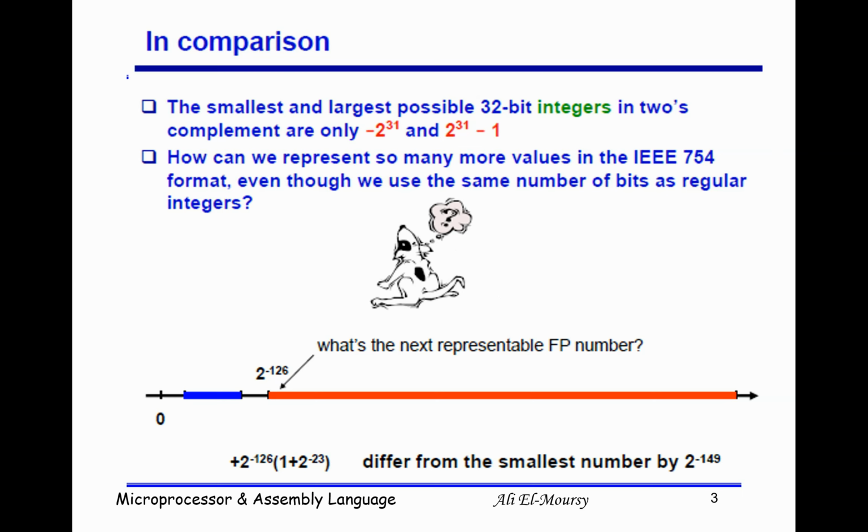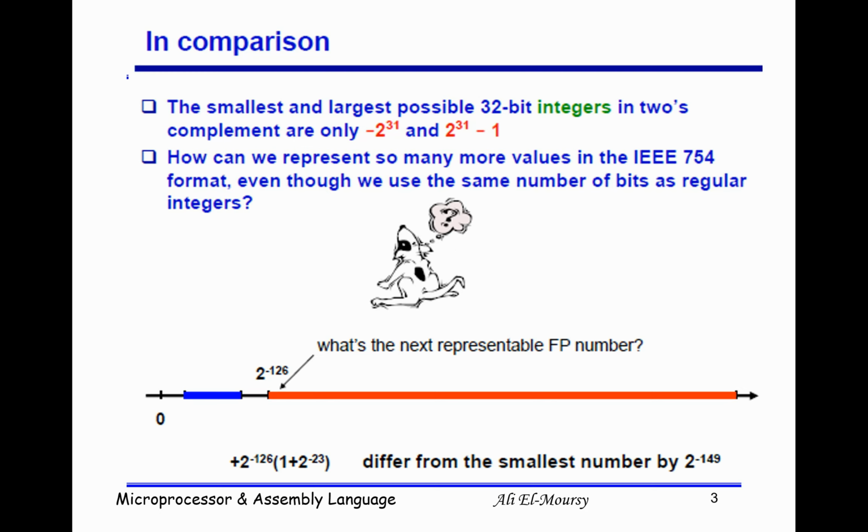The trick here is not with the number of combinations. Since we still use 32 bits to represent floating point, the single precision, we still have the same limitation of only representing 2 to the power 32 different combinations.